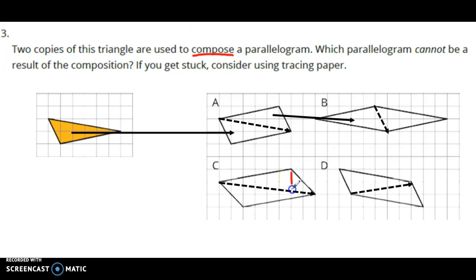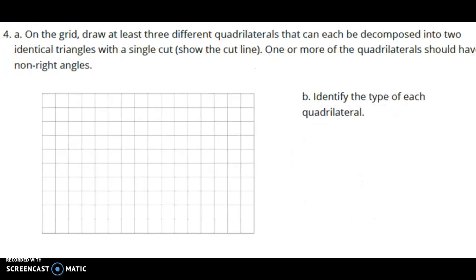This tip of my triangle is not the same as this tip and this tip and this tip. So what they've done with C is they've changed the dimensions of the triangle slightly to where it is a different triangle. So C is my only one that I cannot create using this orange triangle put together.